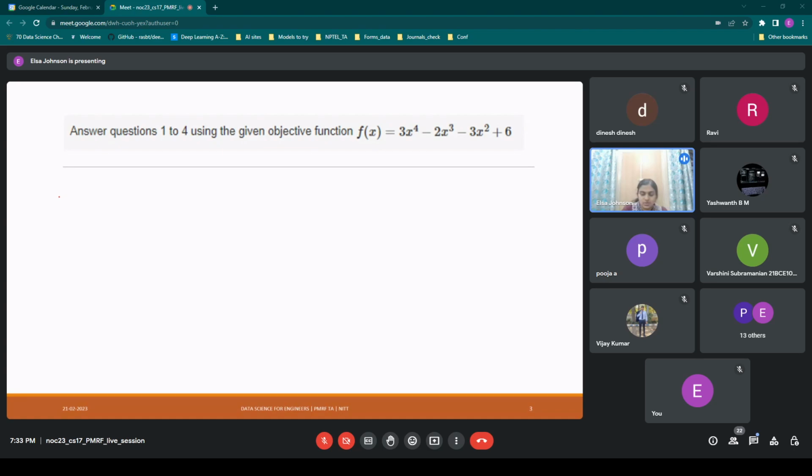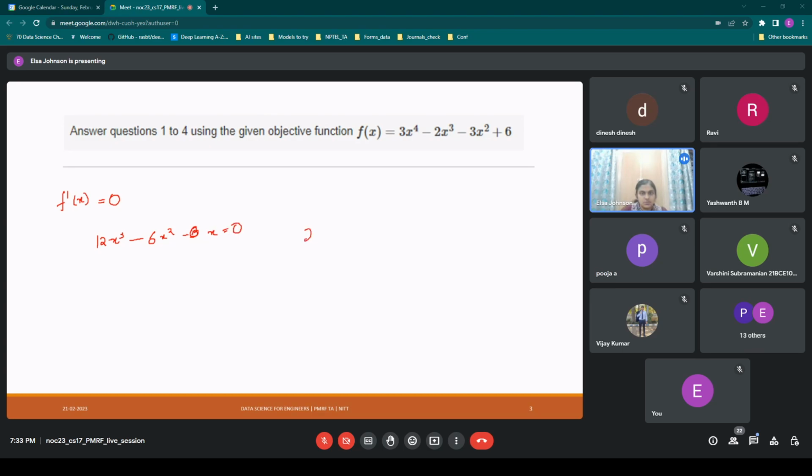So first you have to find f dash of x and equate it to 0. So it will be coming like 12x cube minus 6x square minus 6x equal to 0.